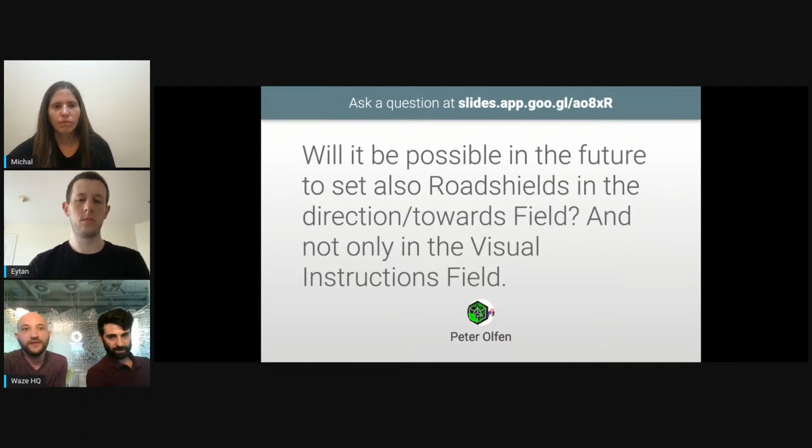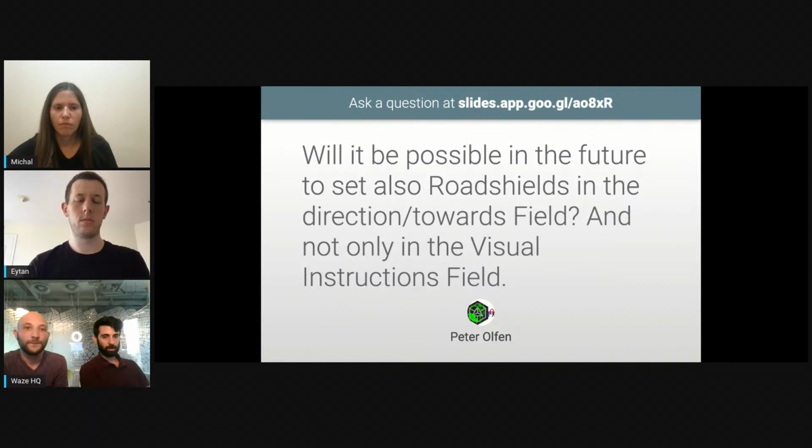From Peter, will it be possible in the future to also set road shields in the direction towards field and not only in the visual instructions field? In the direction field, it won't be possible because that's the direction of the actual shield.